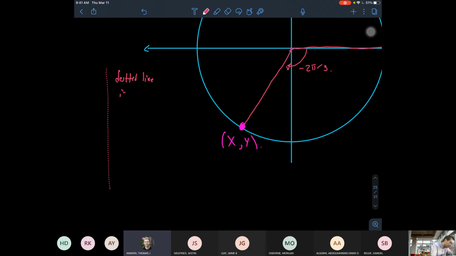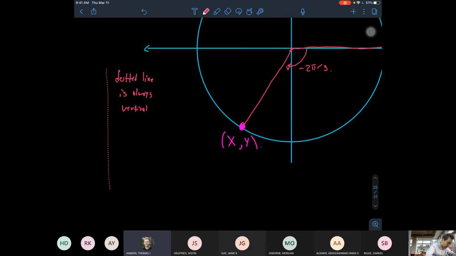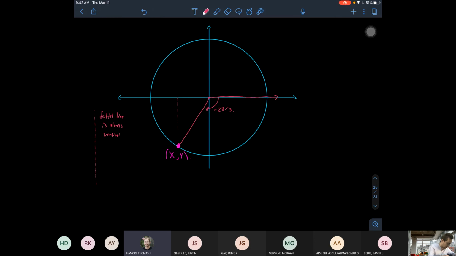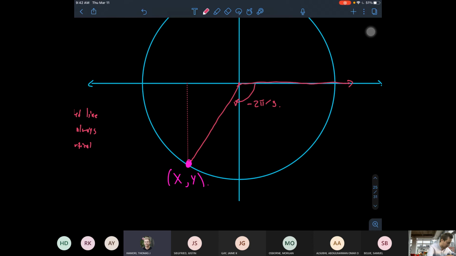Dotted line is always vertical. Okay, so when I draw my dotted line in here, it's going to look like this. Okay, can it straighten the dotted line though? Because that would be cool. Oh, it can. Wow. That's not very good though. Ooh, that looks nice. Wow, I'm thrilled.